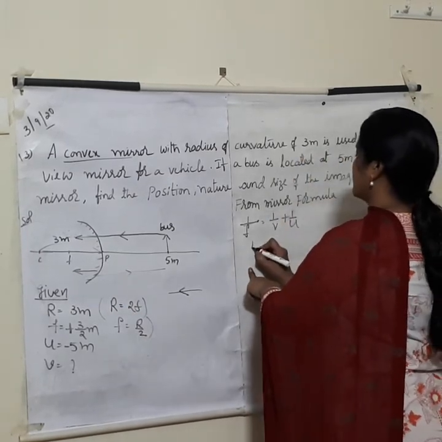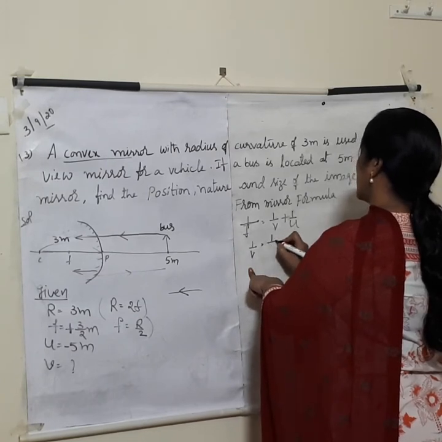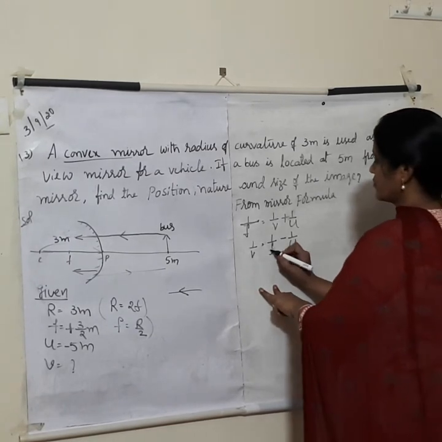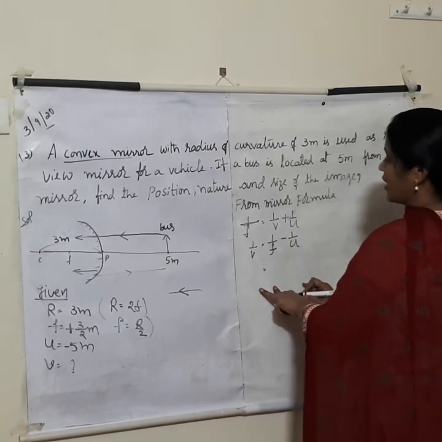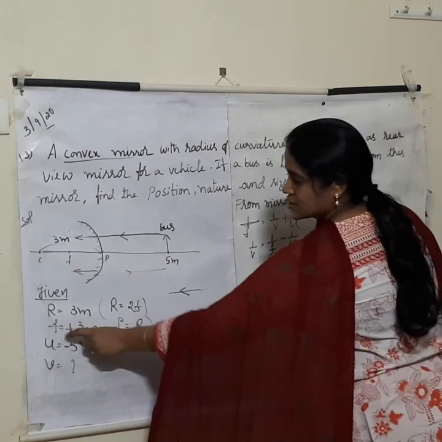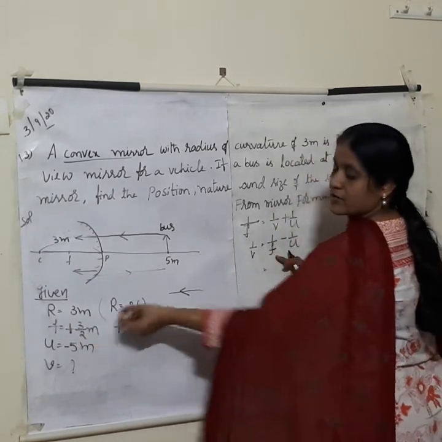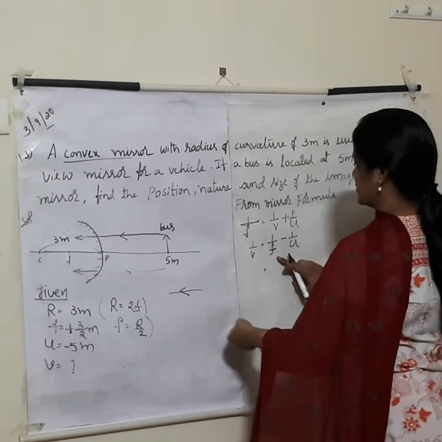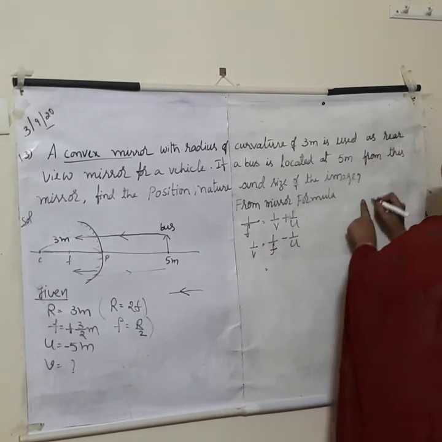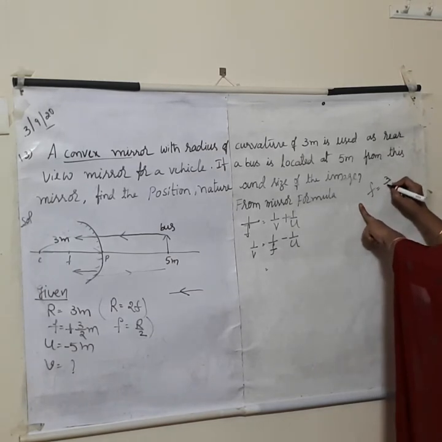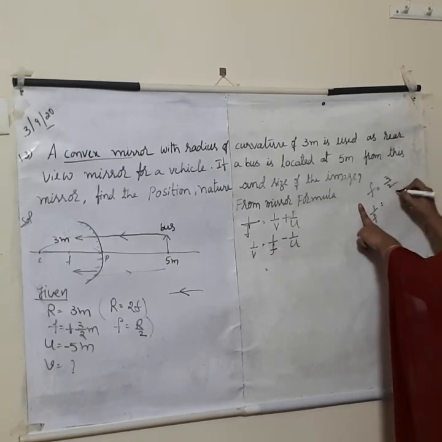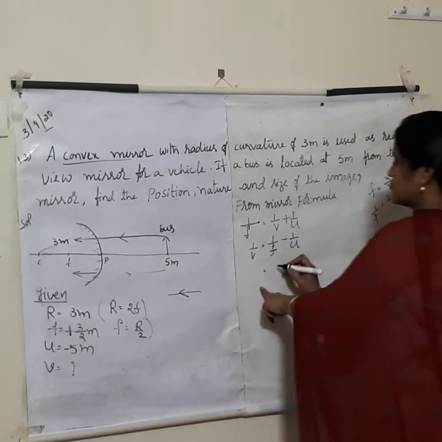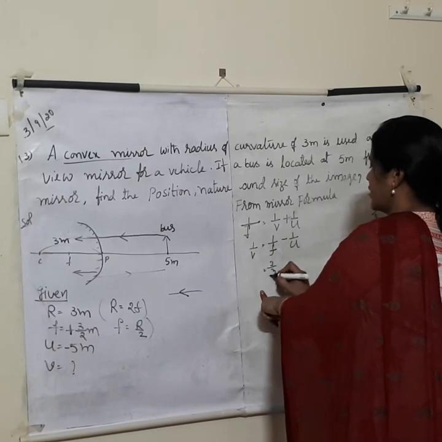So 1 by V is equal to 1 by F minus 1 by U. Substitute the values. F is positive only. I did not convert this value into decimals because it is already in fractions. If F is equal to 3 by 2, then 1 by F means you reverse this, then it becomes 2 by 3.